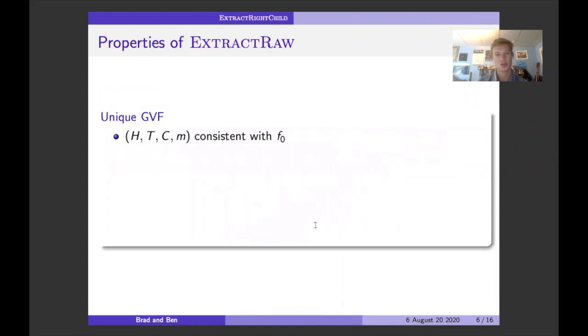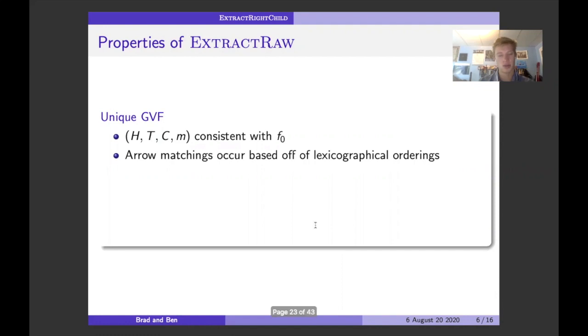To start off, we show that Extract Raw produces a gradient vector field consistent with that initial function on the vertices, where the function value of every simplex is determined by its largest function valued component vertex. The gradient vector field is consistent with this function valuing as we go up in dimension.